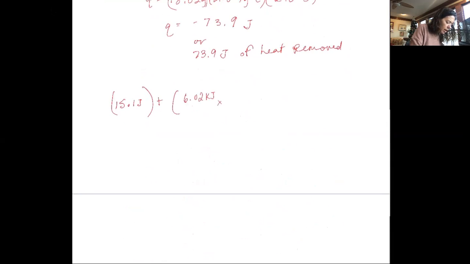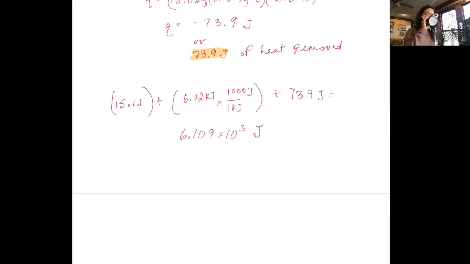And we know that every 1 kilojoule is 1,000 joules. So we can just put that right there. Plus, right here, the 73.9 joules. Let's see. So I'm going to go ahead and do the 6.02 times 1,000, plus 73.9, plus 15.1, and I get 6.109 times 10 to the 3 joules.